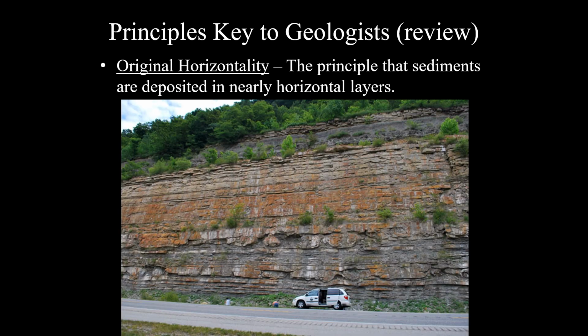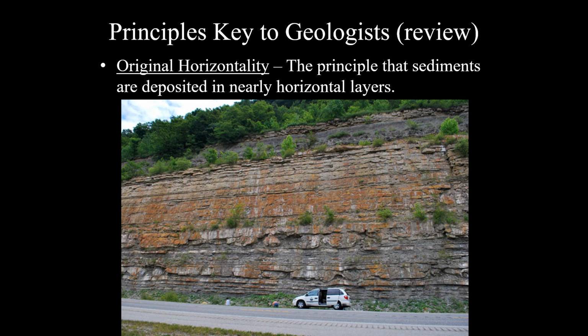We also have to make an assumption of original horizontality. This is the principle that sediments are essentially deposited in horizontal layers. We've talked about this a little bit already when we talked about sedimentary rocks. It's very difficult to put loose sediment on a steep slope. The next time it rains or the next time you have a big wind event, that material moves down slope and it eventually settles in some relatively horizontal place.